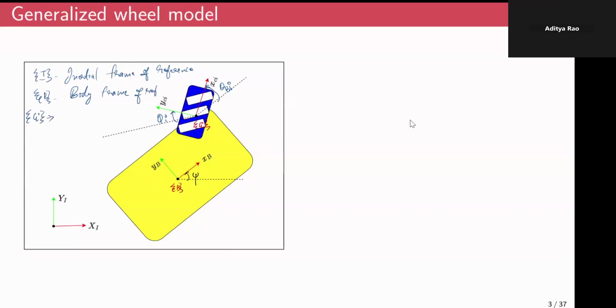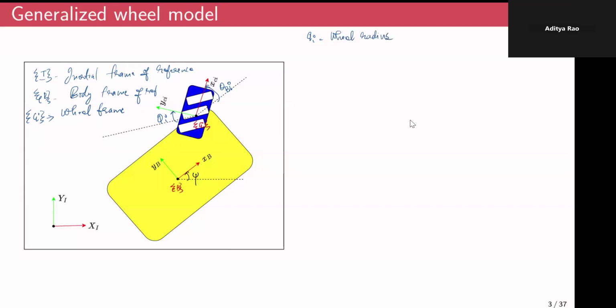This is the wheel frame to represent the relative steering angle. So how do we define the kinematics? I'll define a few more terms. We have this term called AI. This is nothing but the radius of the wheel.